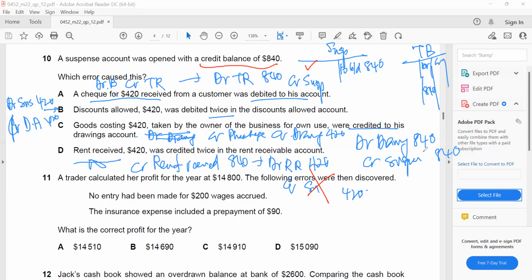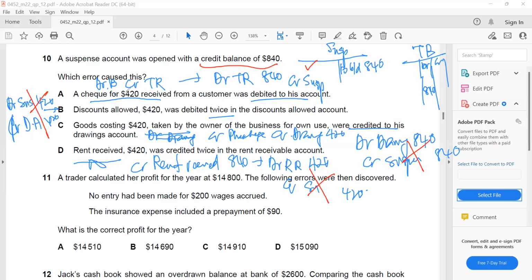This one also credit suspense. This one is also not. Okay, this one is not. This one we debited suspense 400, but we want 840.